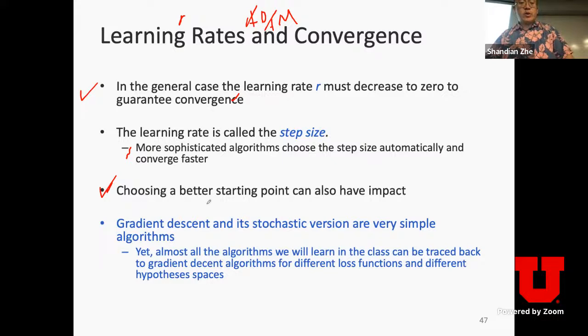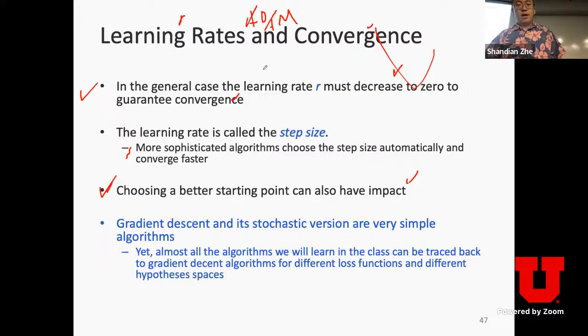And in many cases, choosing a better starting point can also have an impact, especially when your training loss is not convex. If it is convex and you wisely choose the starting point, it will converge faster. But if you choose it far away from the minimum, it could converge slower, right? But anyway, they're going to converge to the same place.